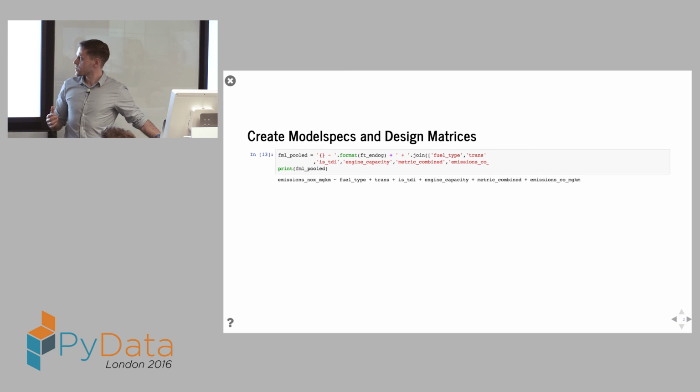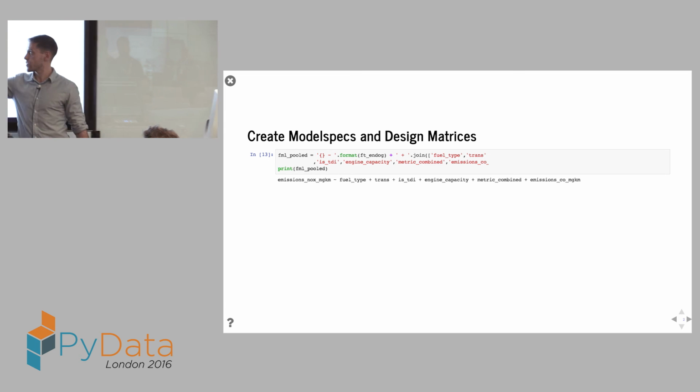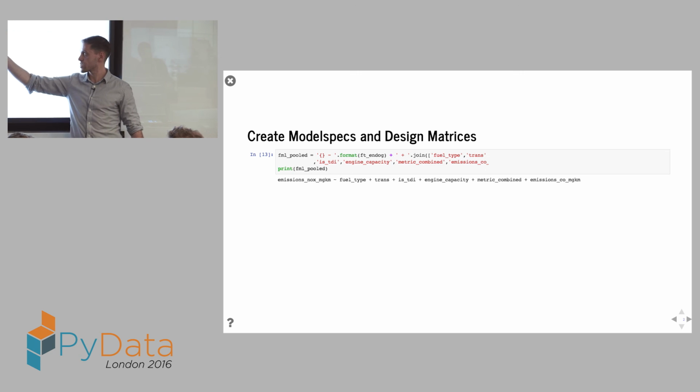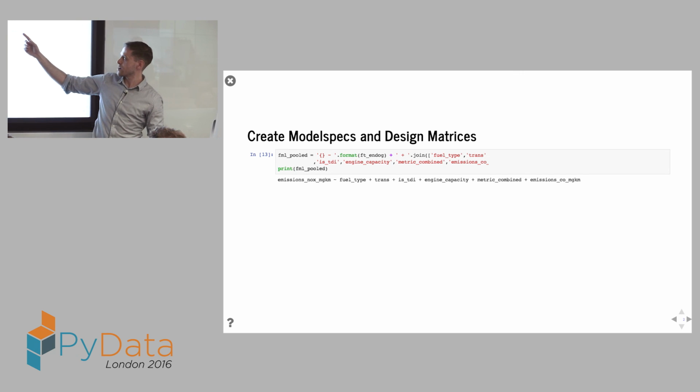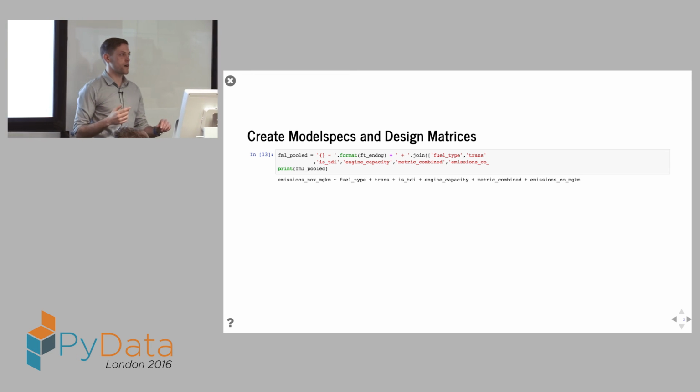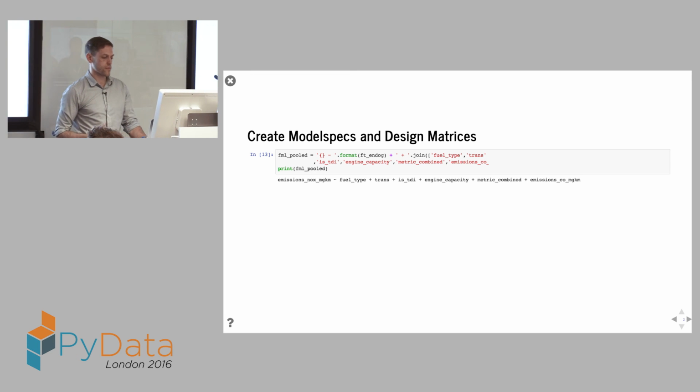So this is how I can state, using a Patsy kind of syntax, my model. My linear model, for a start at least, in the pooled model, is that the emissions are something to do with the fuel type, transmission, whether it's turbo diesel, engine capacity, the combined performance, and the emissions of carbon dioxide.